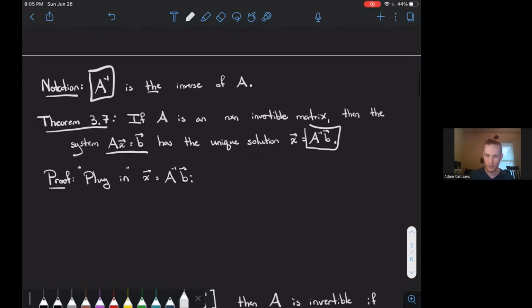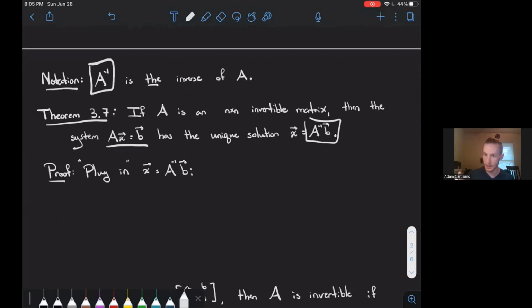So let's prove it. First of all, I have to prove to you that this is a solution. That one's easy, because you just plug in X equals A inverse B into this system. Notice that if you just do dimension counting, A inverse is n by n, and B is n by 1.